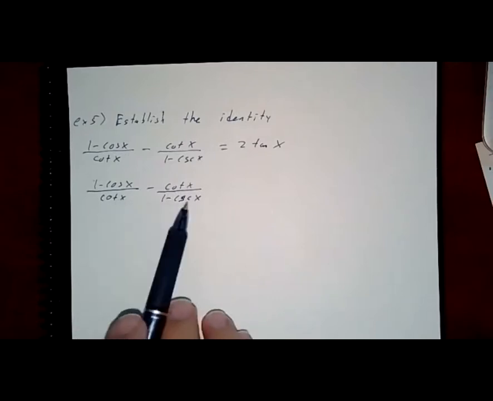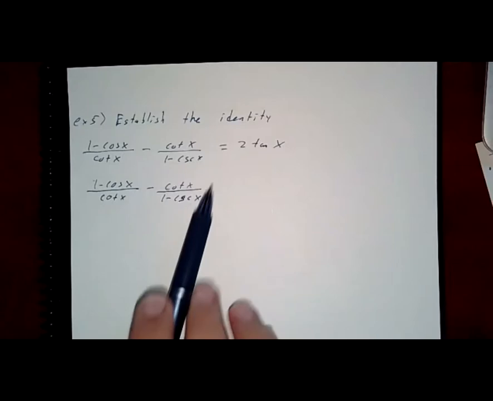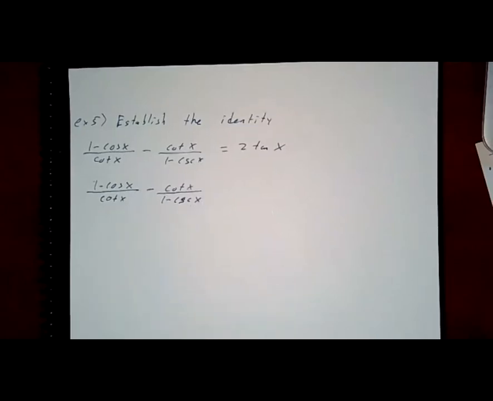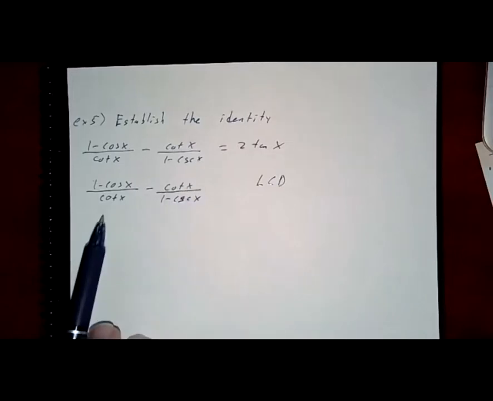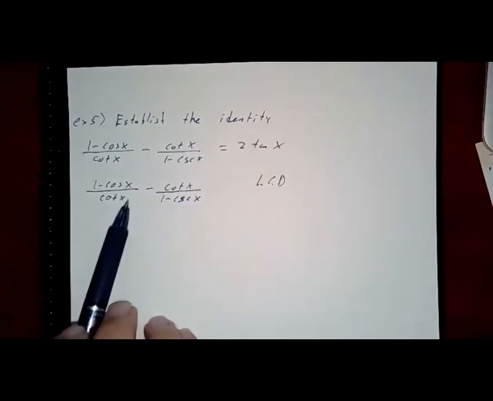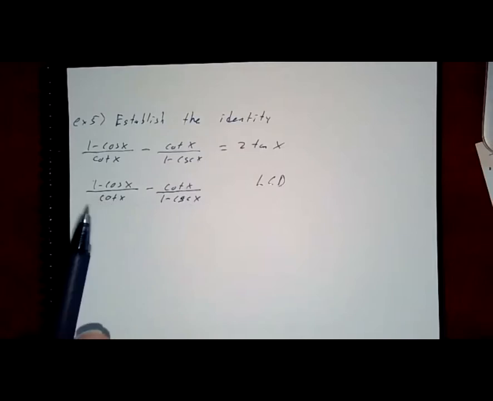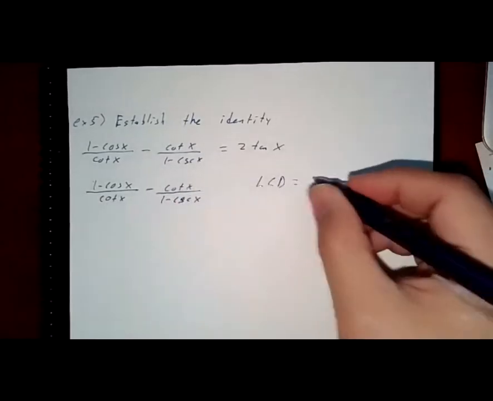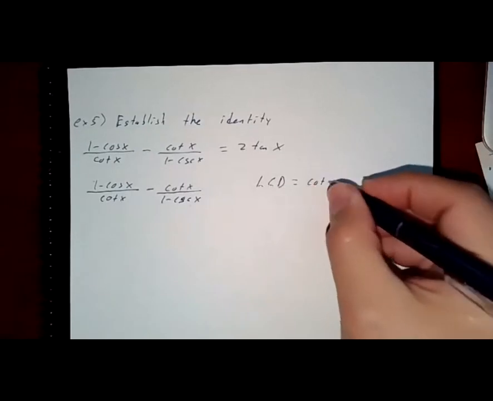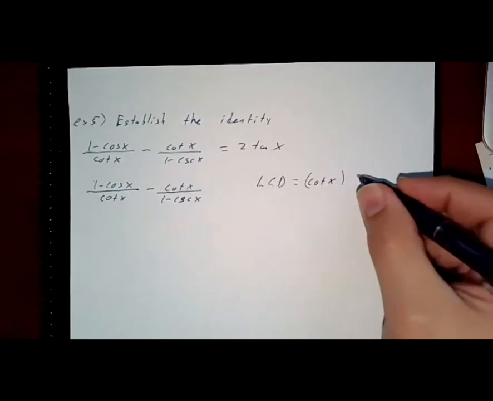So I need to multiply top and bottom on both of them to create an LCD. LCD about 95% of the time will just simply be this piece times this piece for these types of problems in this class. So we can almost always, not always, but almost, just say LCD is these two pieces.